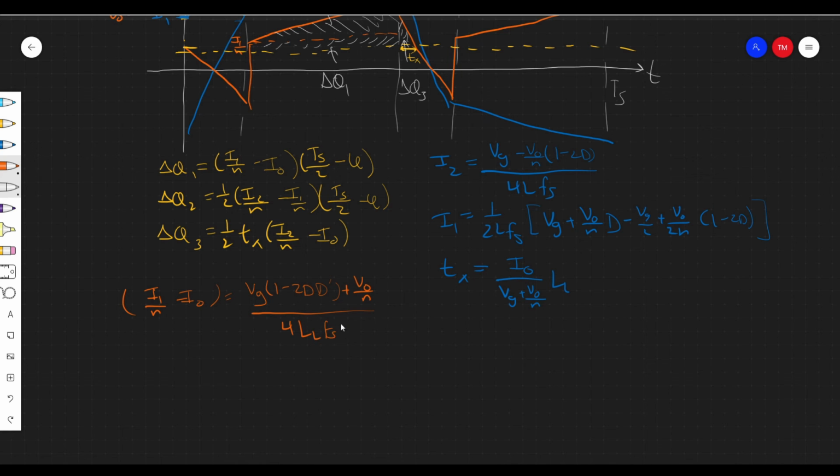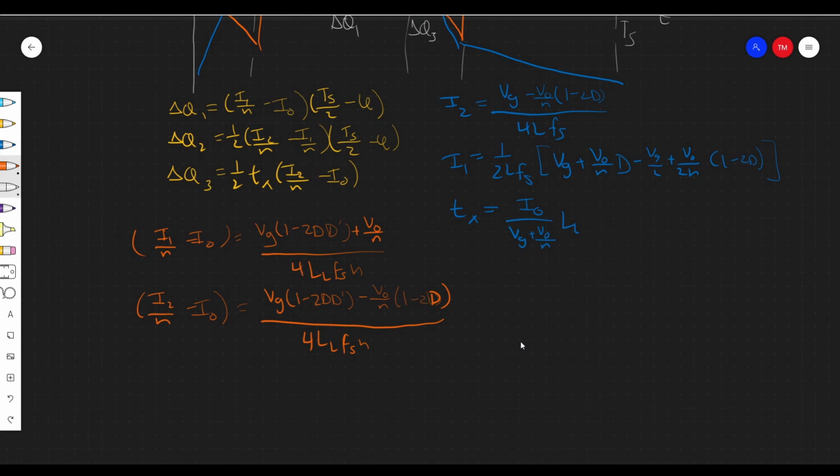And this is all over 4L Fs N. I also want to know I2 over N minus Iout. This is equal to Vg times 1 minus 2d prime minus Vout over N times 1 minus 2d, and that's all over 4L Fs times N.